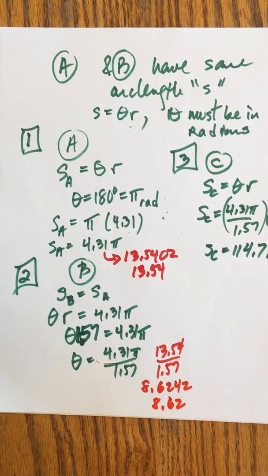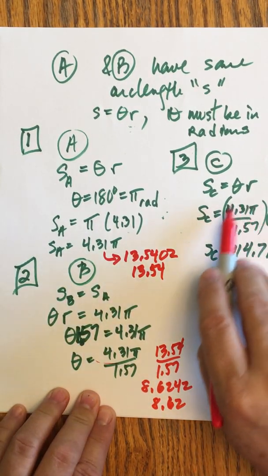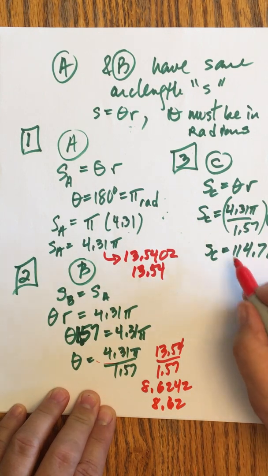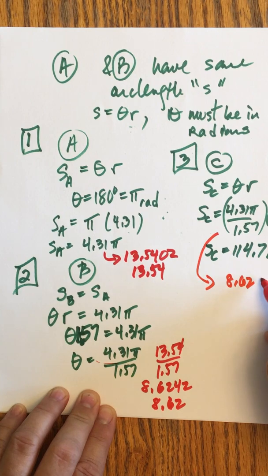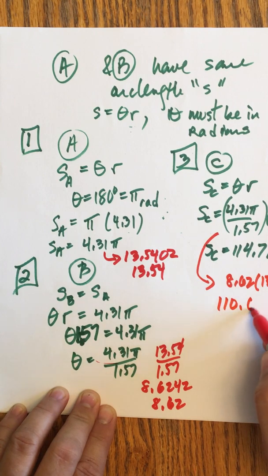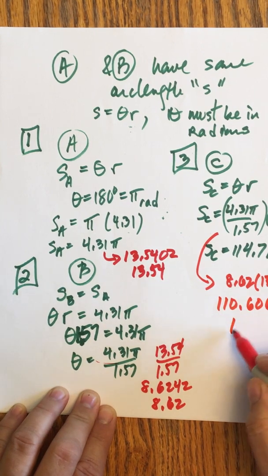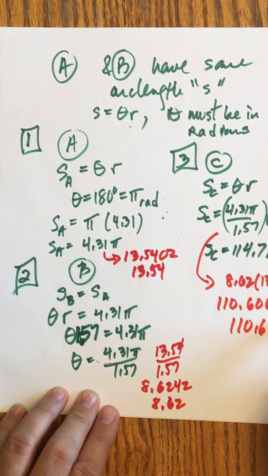So I'm going out one more decimal place than what the answer asked for. And then I come down here, and I would have 8.62 times 13.3. And what I'm going to get is 110.6061, which you would say, oh, there it is, 110.6. And look how far off this answer is from this one, right?